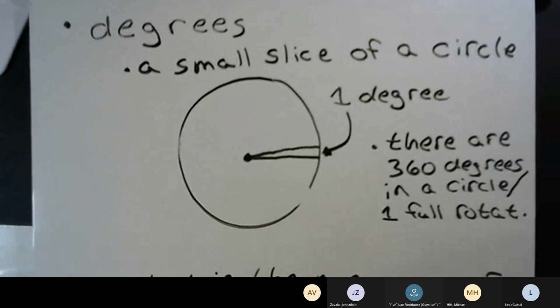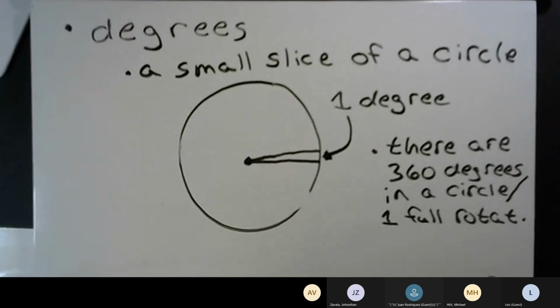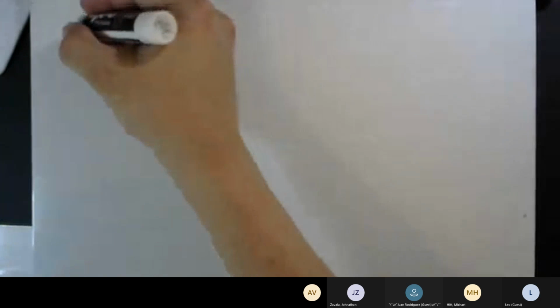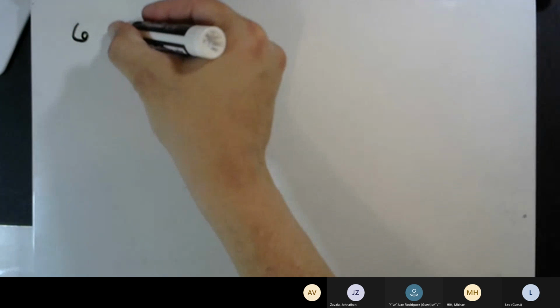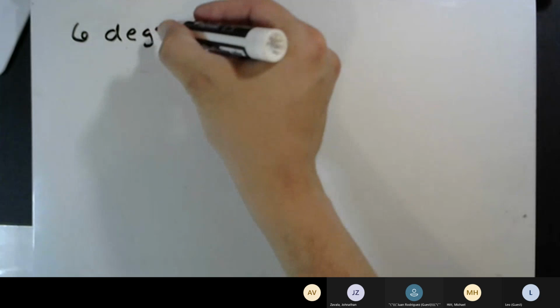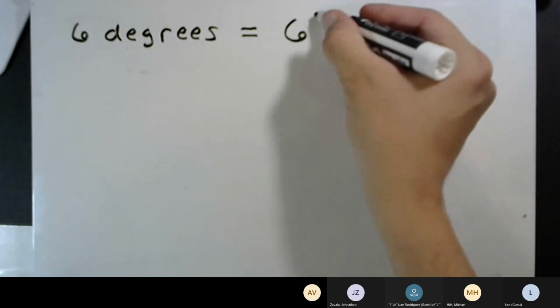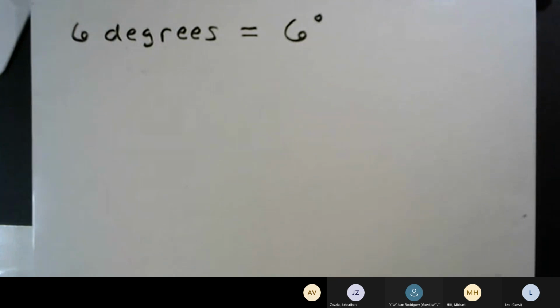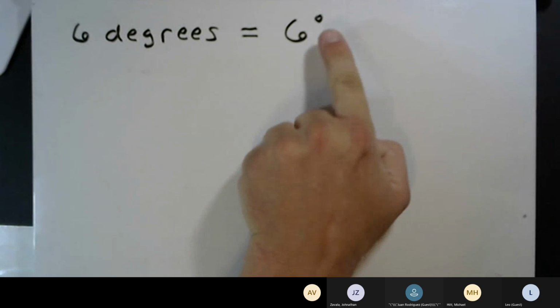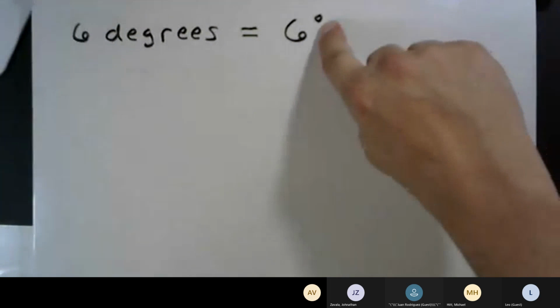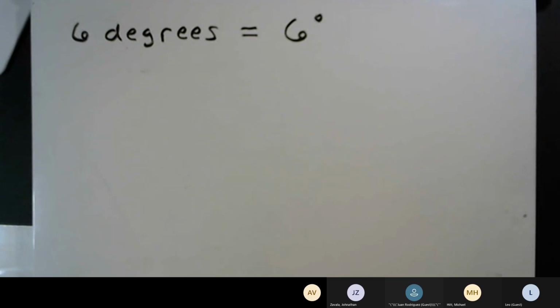And I should make this note right now just to save on writing. We would write 6 degrees like it's a temperature. So that can be a little confusing. The difference is we don't have degrees Fahrenheit or degrees Celsius. There's no F or C that comes after this. So we can represent degrees with that little circle there.